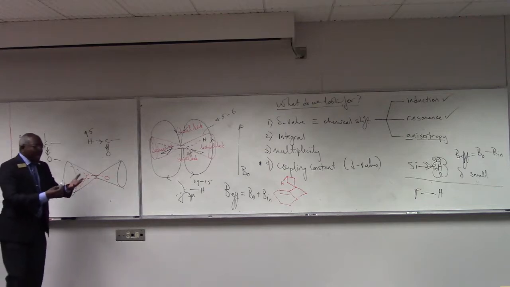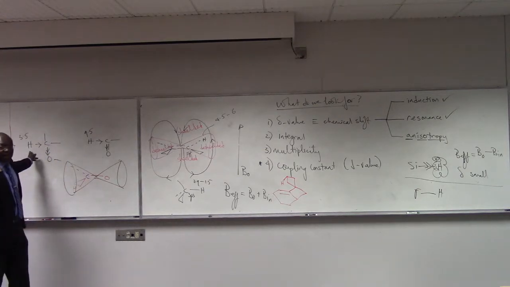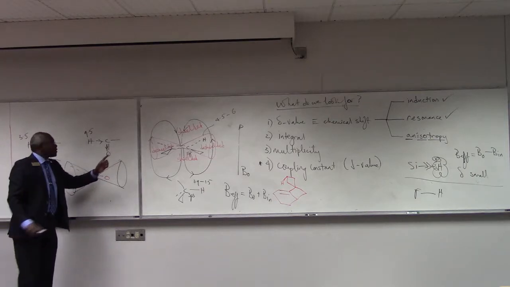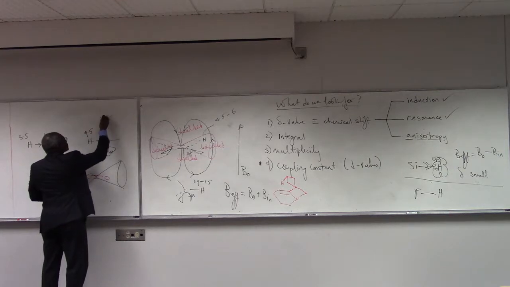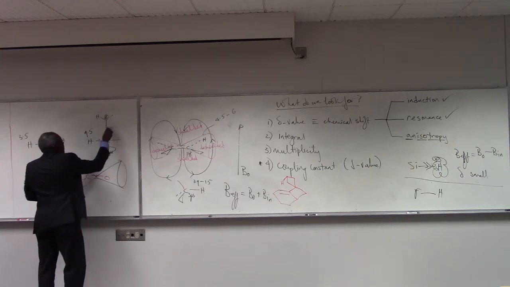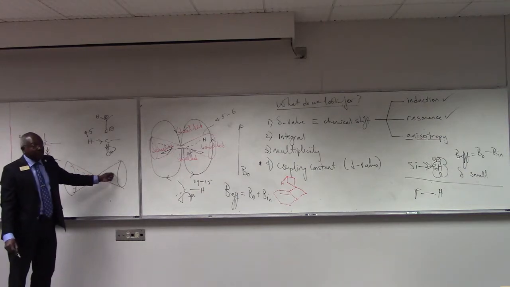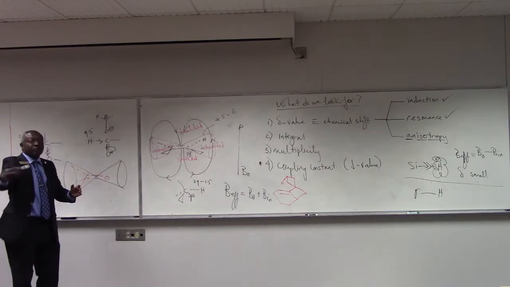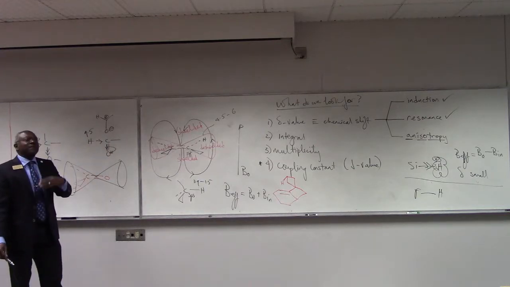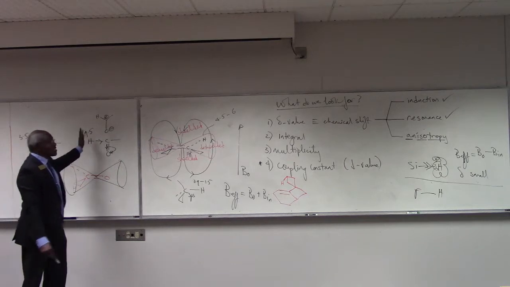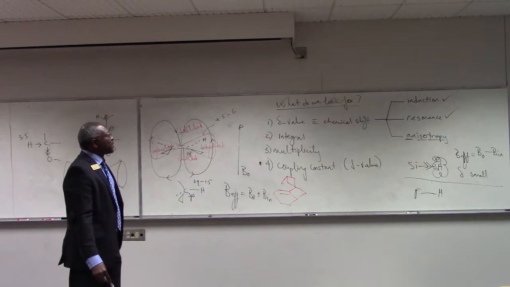So if you add induction, which might account for 3.5, you add resonance, which gives you a positive charge on this carbon, right? Which accounts for some number of an increase, and you add anisotropy, which is potent. The combination of all three makes the chemical shift of an H attached to a carbonyl carbon very high. So you tend to find these between 9 and 10 ppm, very high on the window.